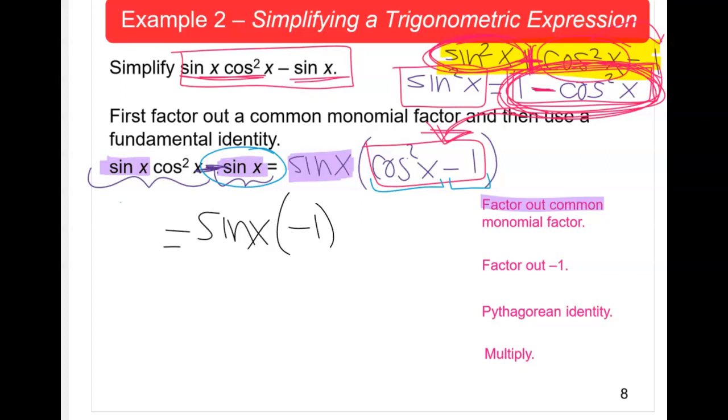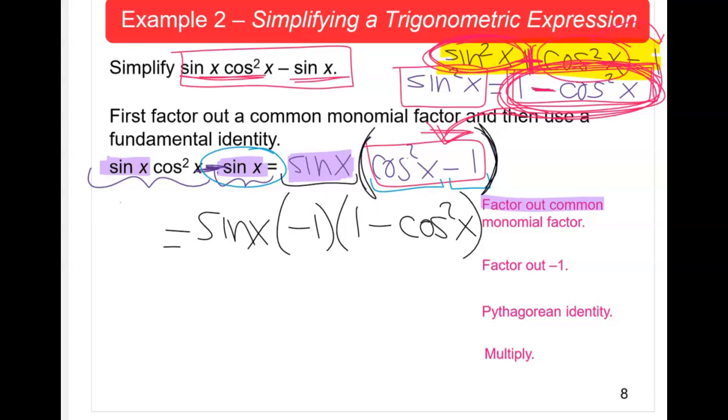This one we will leave the same. Negative 1 factored out from the stuff in parentheses gives us negative cosine square x plus 1, or we could just switch the order and write the 1 first. So it will be 1 minus cosine square x.